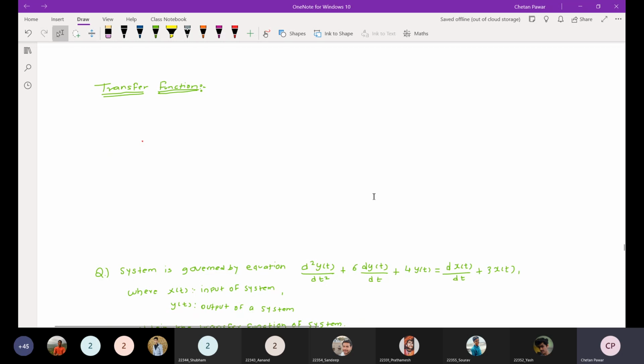Okay. So the next topic is transfer function. Generally, if you take any control system, there are three mathematical representations of that control system.